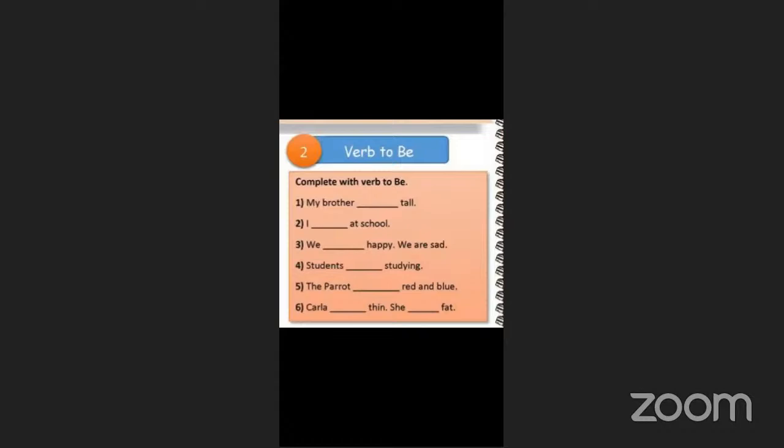There are two things. Is thin, then is fat. There are two sentences there. Okay. Right. So now I think you have got the idea on how to use be verbs am, is, are. Let's move on to the next one.